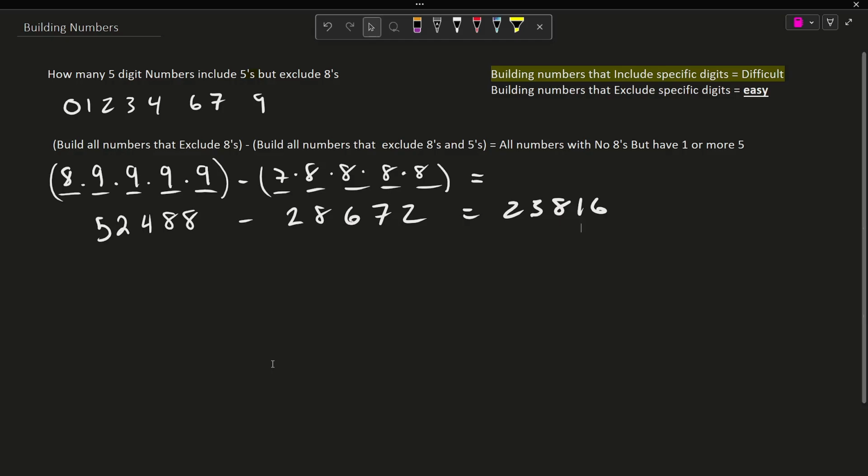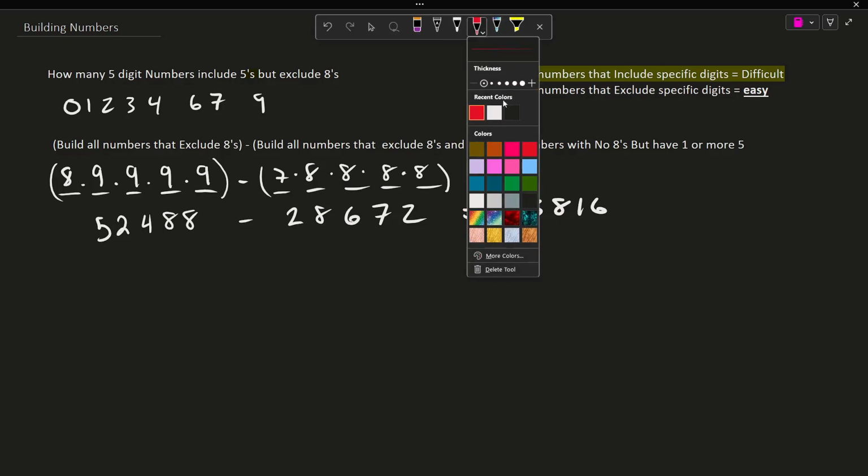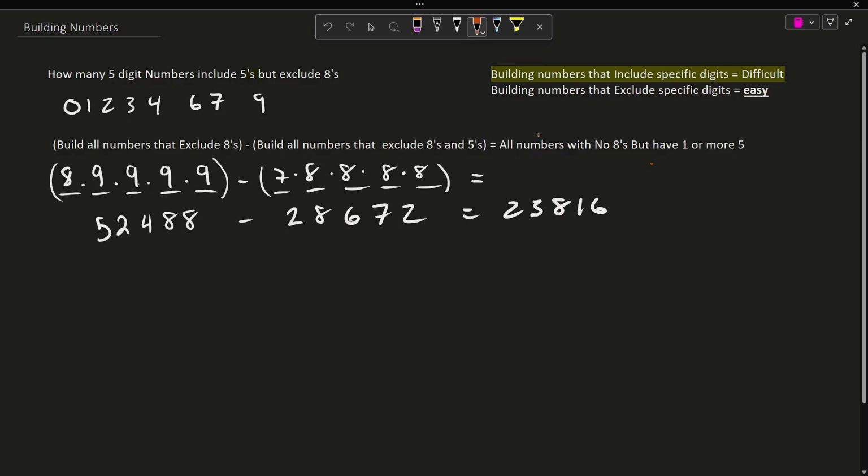Now, I imagine maybe some folks are having difficulty imagining why this ends up working, okay? Well, what I want to do is take this batch of numbers here, and I'll change it to a different color. Let's go with brown here. This batch of numbers actually contains 2 sets of numbers.